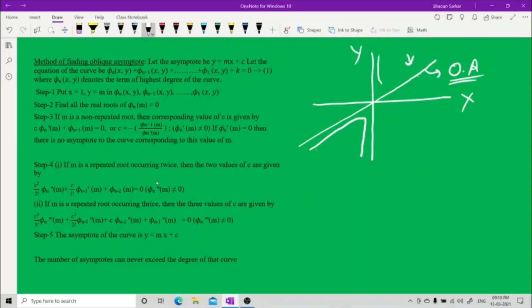My drawing is a bit bad. Now it's okay. Now this line will touch this curve at infinity, means it will never touch the curve. It will become parallel to the curve. Similarly, this line will touch this curve at infinity. So this line, which is neither horizontal nor vertical, is called oblique asymptote.